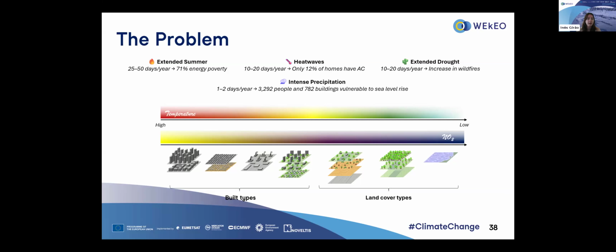We also see heat waves lasting 10 to 20 days annually, becoming more dangerous in cities where only around 12% of homes have air conditioning. At the same time, prolonged droughts are fueling wildfire risks, and short bursts of intense rainfall threaten thousands of people and buildings with flooding and sea level rise.